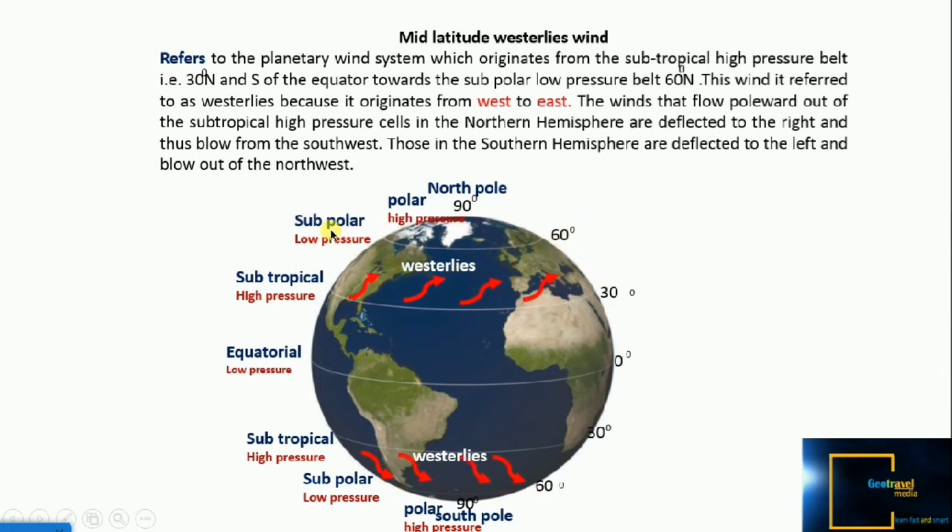The subpolar region usually has low pressure. Therefore, the wind operates from subtropical high pressure toward subpolar low pressure belt. This wind is called westerlies because it moves from west to east, in the south and north of the equator.